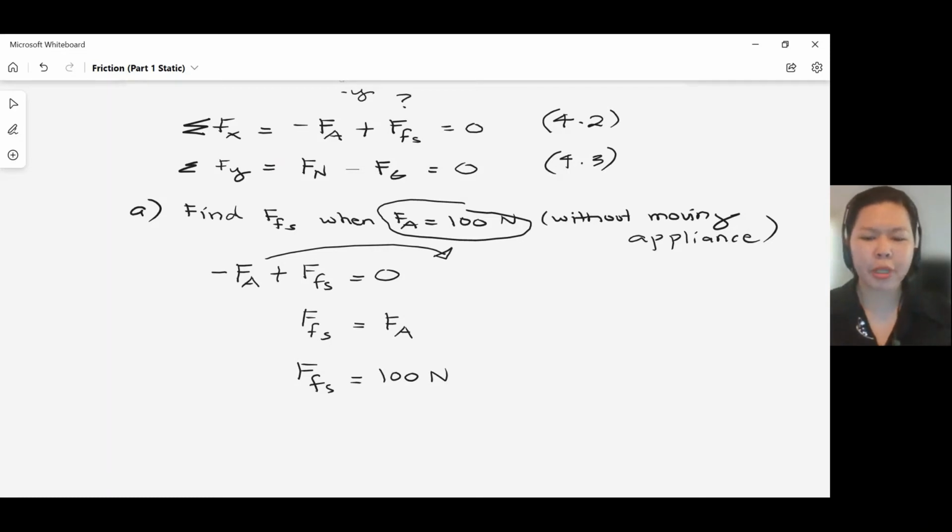We do the same for letter B, but this time the appliance is moved with a force of 200 newtons and still the appliance did not move. So we use again summation of Fx to get the static frictional force between the appliance and the surface or floor.